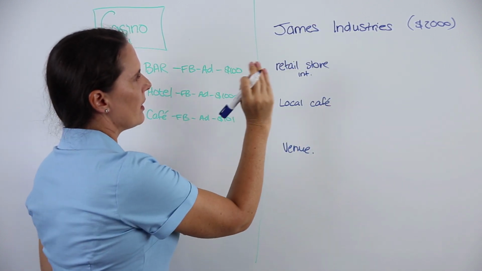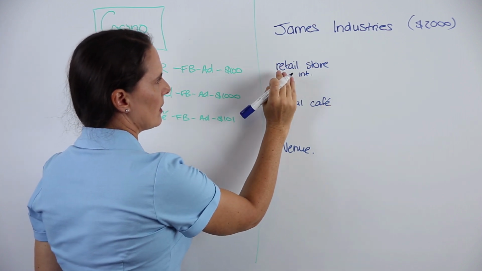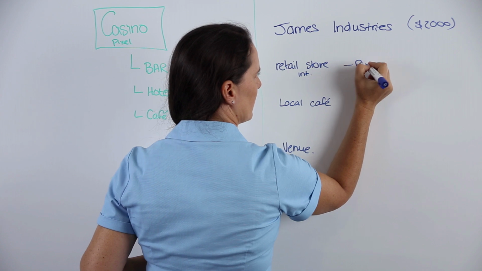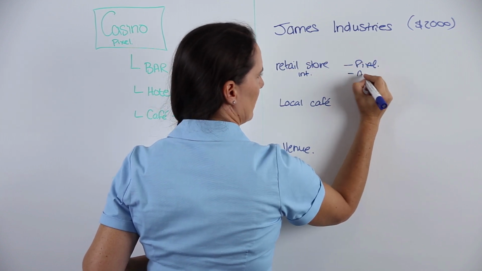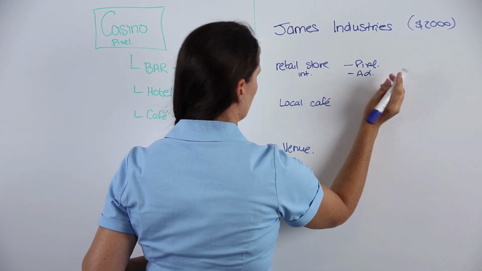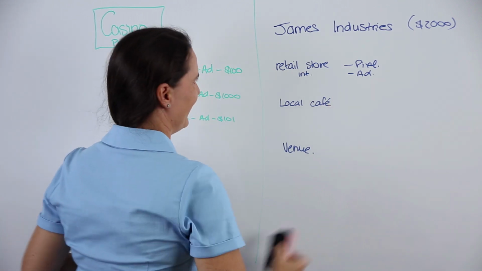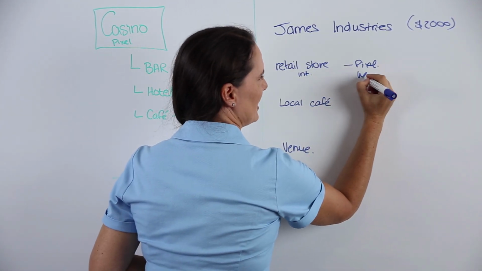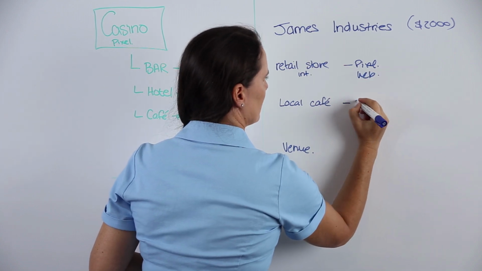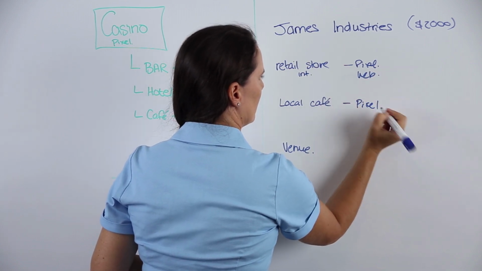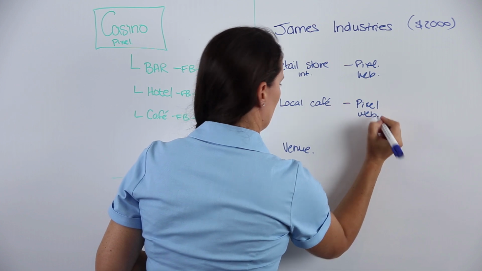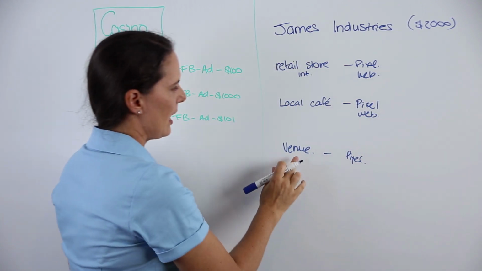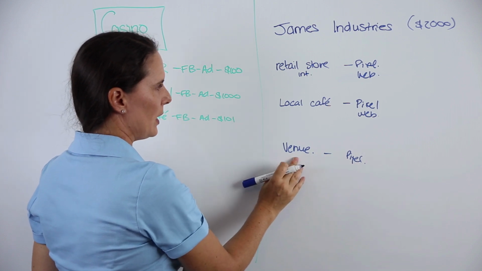Now, this store will have its own pixel and its own website, as will the cafe, as will the venue. So we have a pixel associated with each website.